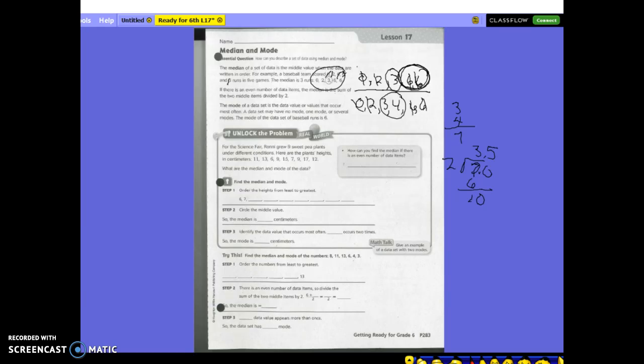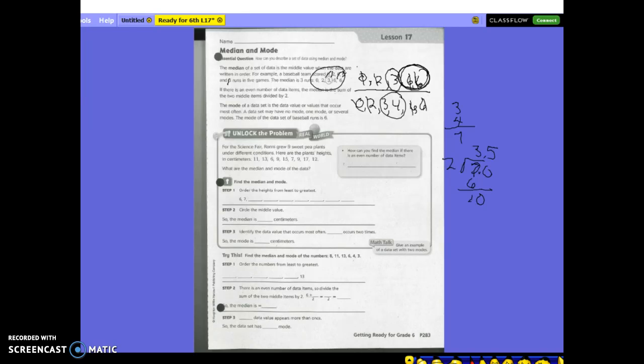For the science fair, Ronnie grew 9 sweet pea plants under different conditions. Here are the plants' heights in centimeters. What are the median and mode? Let's answer our little gray question up the top. How can you find the median if there is an even number of data items?